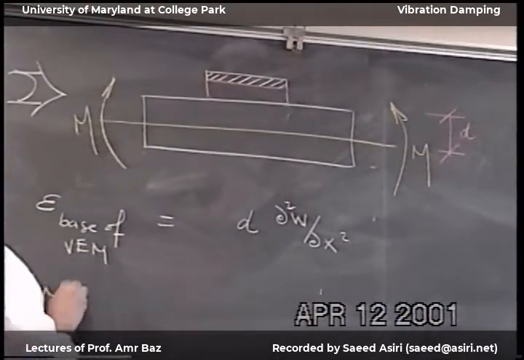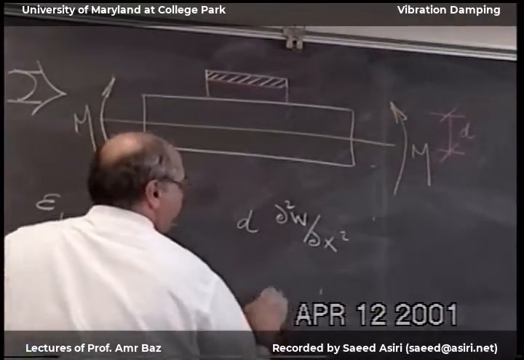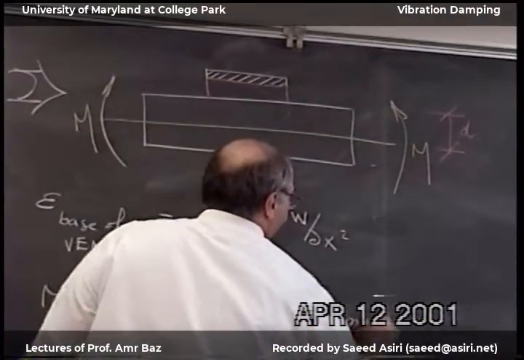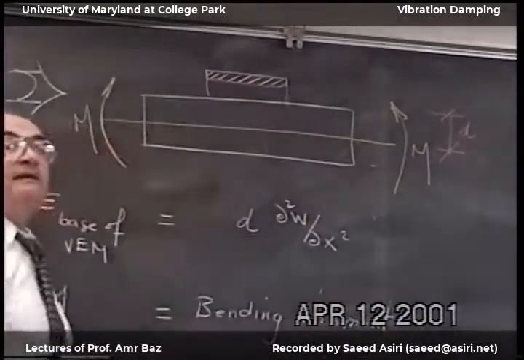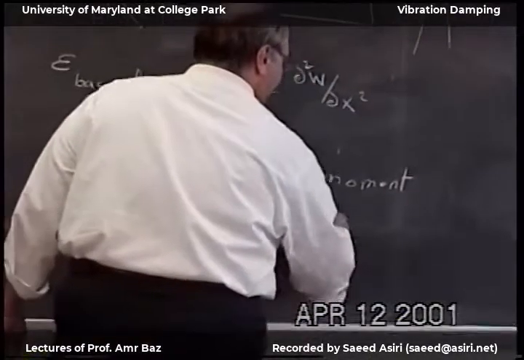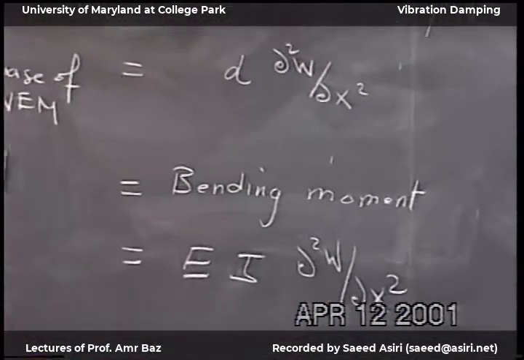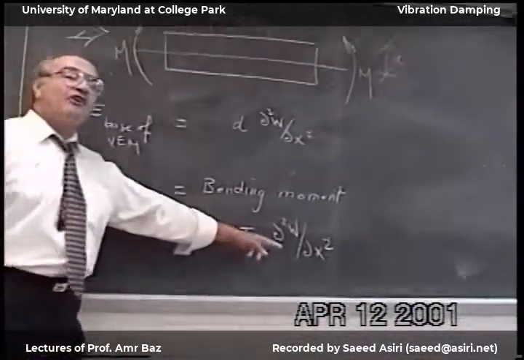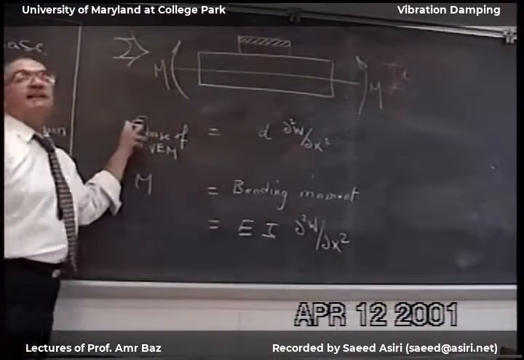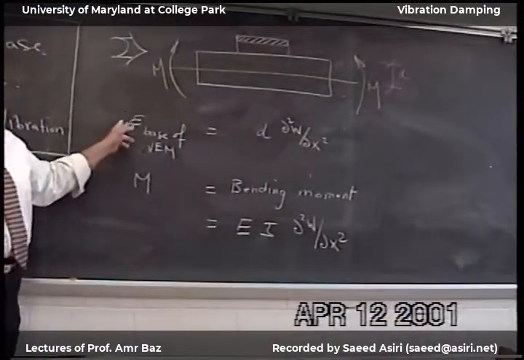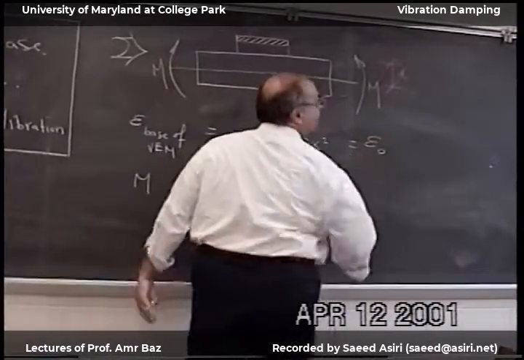The bending moment I know is equal to EI. So if I give a constant bending moment, the curvature is constant, the strain at the base of the viscoelastic material is constant, and I can call this epsilon 0.